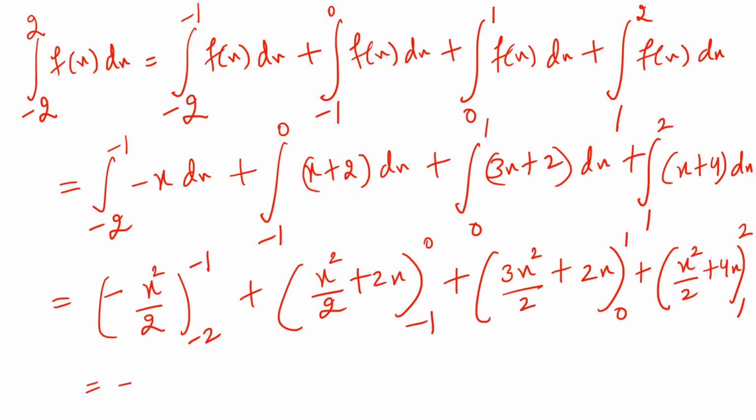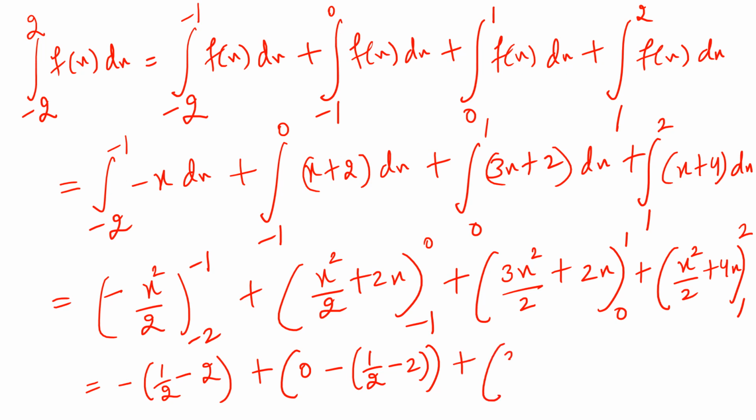It becomes minus, common outside. So this becomes 1 upon 2 minus 4 upon 2, which is 2. Now this becomes 0 minus, inside the bracket we will get 1 upon 2 minus 2.